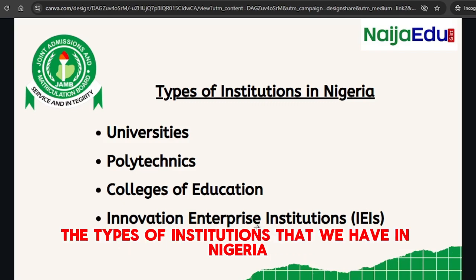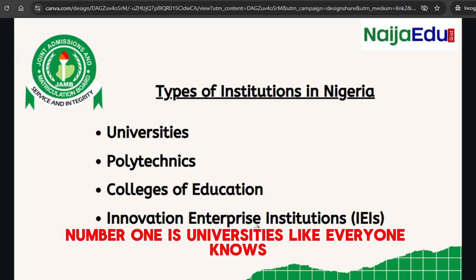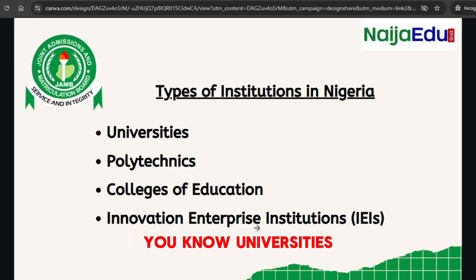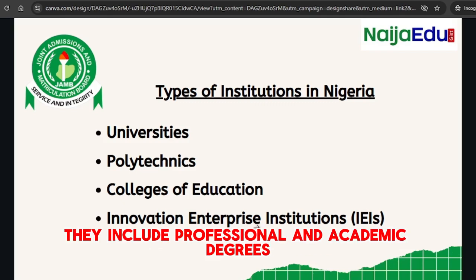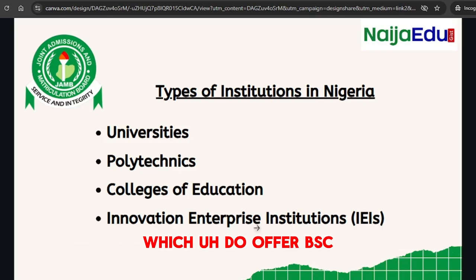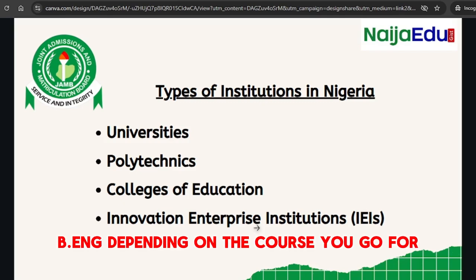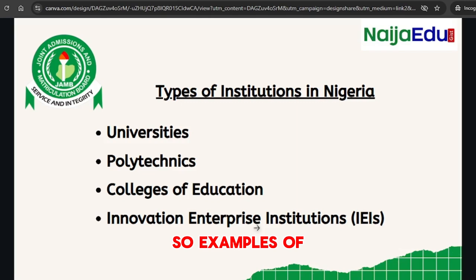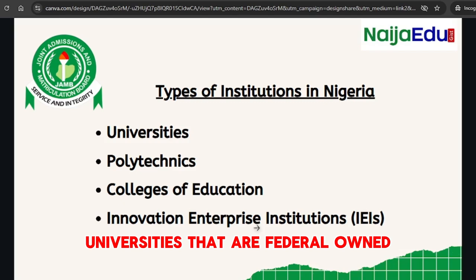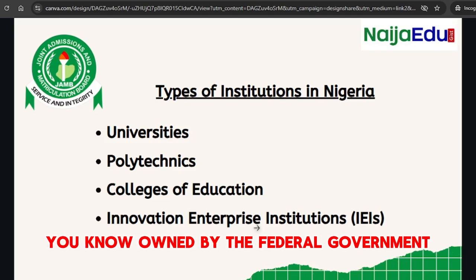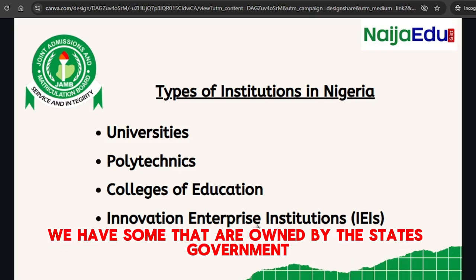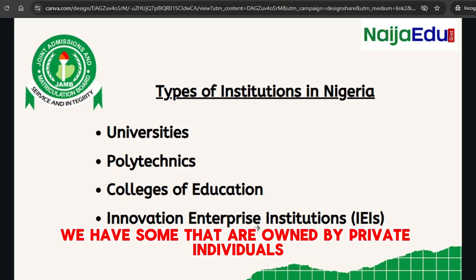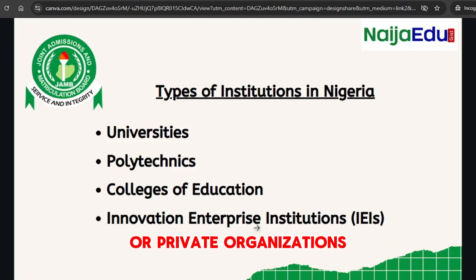So let's talk about the types of institutions that we have in Nigeria. Number one is universities. Like everyone knows, universities include professional and academic degrees, which offer BSc, BEd, BEng, depending on the course you want to go for. Examples include universities that are federal owned, owned by the federal government; we have some that are owned by the state government; and we have some that are owned by private individuals or private organizations.